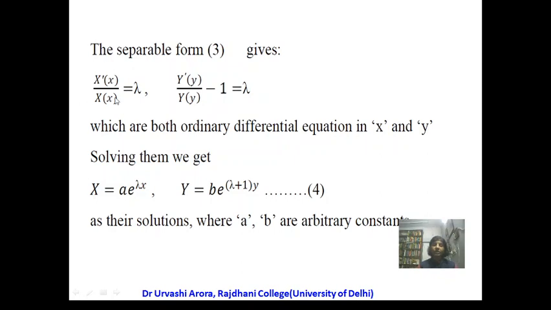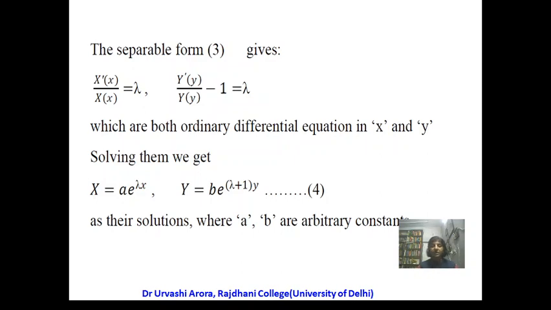This one, when integrated with respect to x, gives the solution capital X is equal to a e to the power lambda x, using the methods of solving ordinary differential equations. And this one, when integrated with respect to y, gives the solution capital Y is equal to b e to the power (lambda plus 1) into y, where a and b are arbitrary constants, which we obtain when we solve an ordinary differential equation of first order.